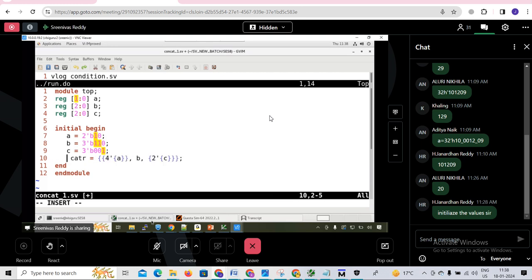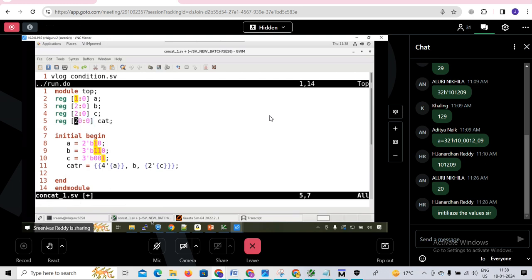Now when I merge it like this, when I do the replication and concatenation, let's display it. Let's write reg 20 down to 0 cat, even 30 down to 0 cat. Let's display it. We know that here replication and concatenation happens. Only thing is we're understanding where to use the apostrophe. Right?